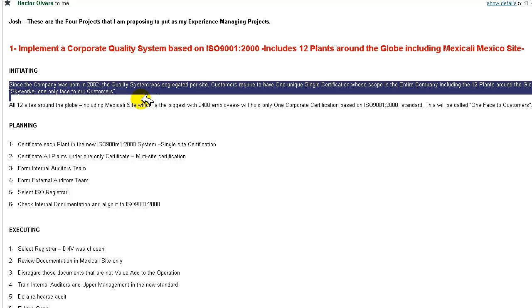So when you were working on this quality system project, what things did you do that fell into that initiating group? One thing to keep in mind is that you don't necessarily need to have experience with every process group on every project.